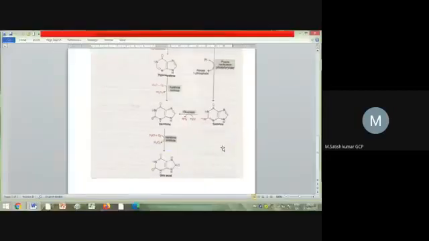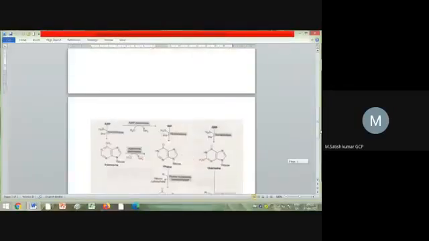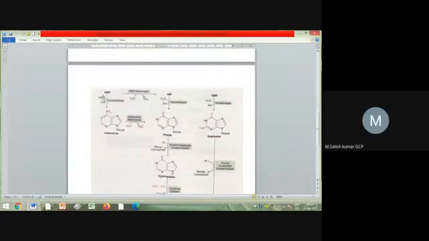So how can we produce uric acid? By 5 steps. The initial starting material will be AMP, that is adenosine monophosphate. In the first step, a deamination reaction, the amine group gets separated so that AMP gets converted into IMP, that is inosine monophosphate. Inosine monophosphate is also a nucleotide which consists of a phosphate group, ribose sugar and nitrogenous base.